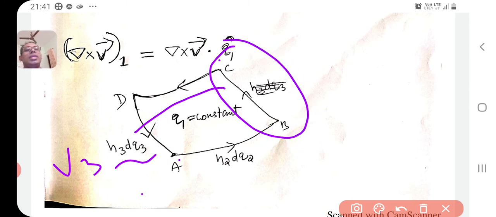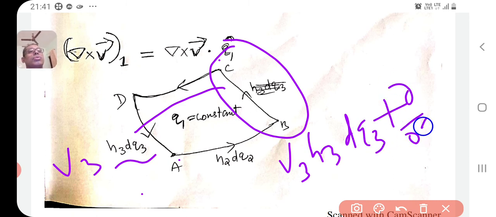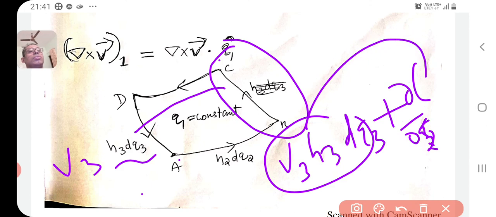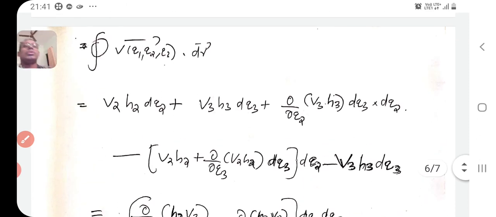That will be V3 h3 dQ3 plus ∂/∂Q2 of (V3 h3 dQ3) times dQ2. So that is written here.